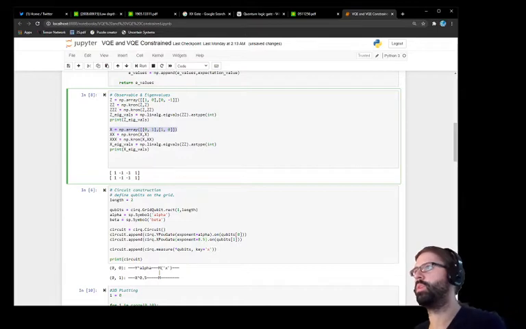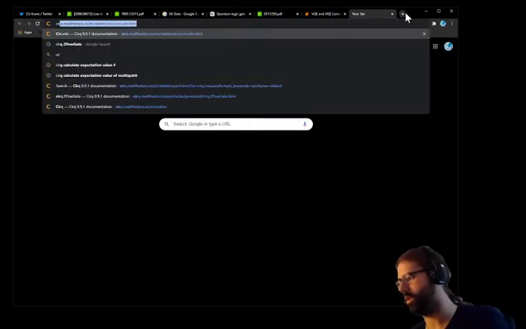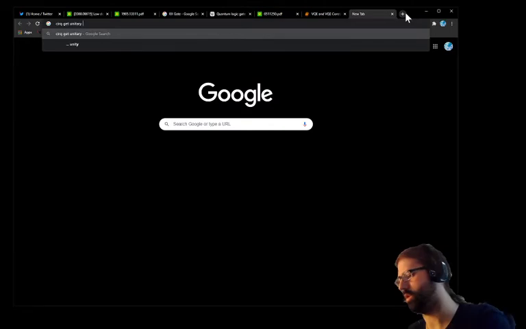So what's the gate of the X, the Y power gate? What's the matrix? I guess it's in Cirq. Okay, unitary matrix.